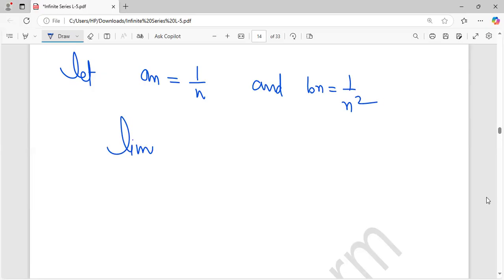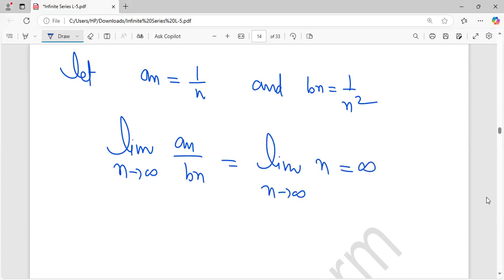So the limit as n tends to infinity of An upon Bn is infinity.